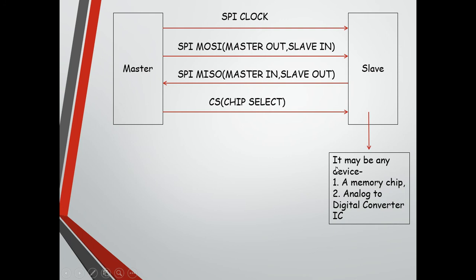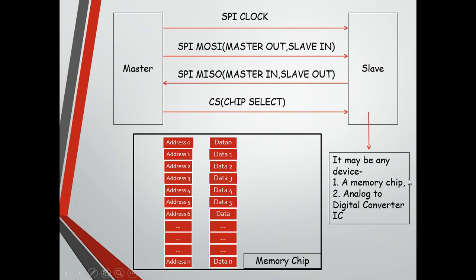What I mean by memory chip is, it contains a fixed set of addresses, and on each address we can store the data. Nowadays many memory ICs are coming with SPI protocol. That means we can store our required data on that memory chip with the help of the SPI protocol.